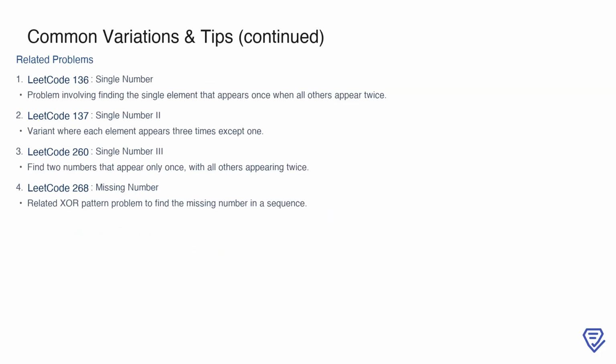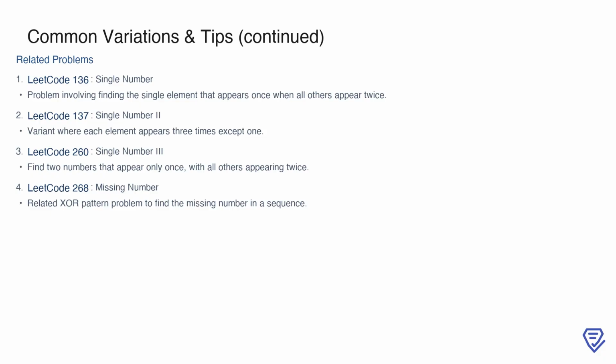To deepen your understanding, it's useful to look at related problems that share similar concepts. For example, in LeetCode 136, Single Number, you need to find the one element that appears only once when all others appear twice. LeetCode 137, Single Number II, is a variation where each element appears 3 times except for one.